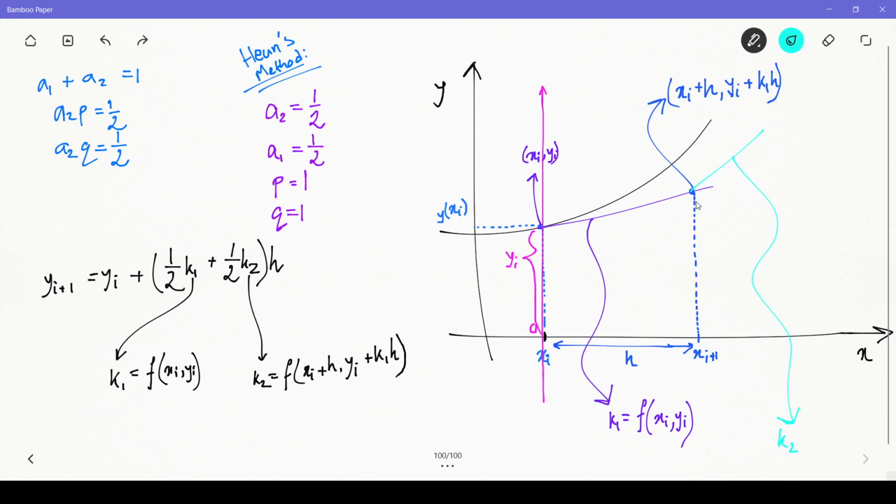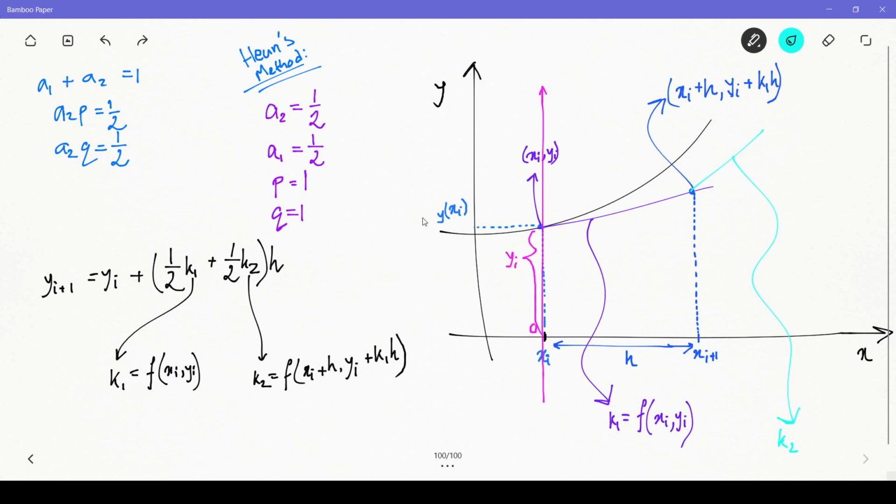So we know our initial first slope value k1, which is the slope at this point. We also know the value of our slope at the second point, which is at this point over here. The first slope is being represented by this purple or violet straight line over here, and the second slope is being represented by this steel color or cyan color straight line over here, okay?